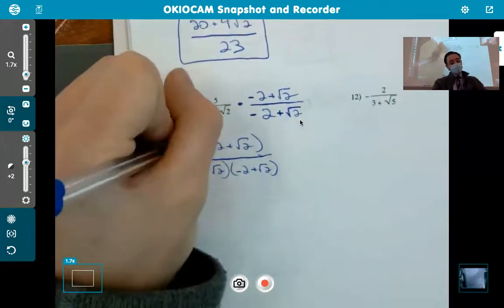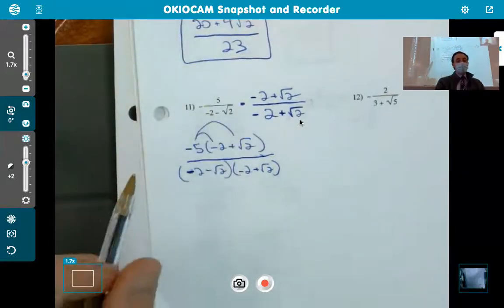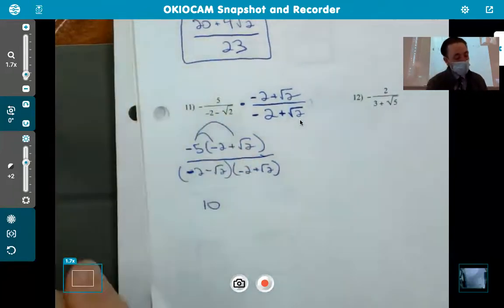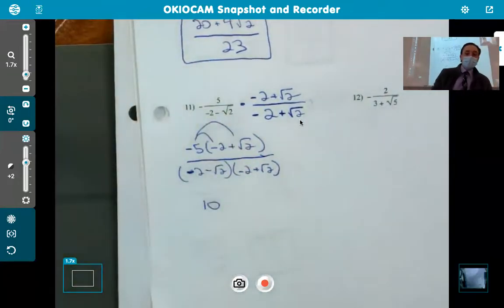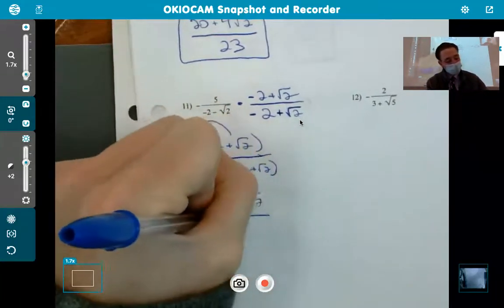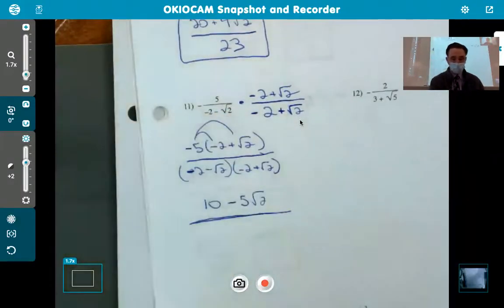When I distribute in my numerator, what's negative 5 times negative 2 going to give me? Positive 10. Negative 5 times positive root 2, what's that going to give me? Negative 5 root 2.